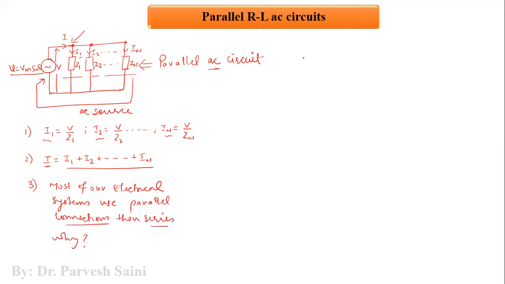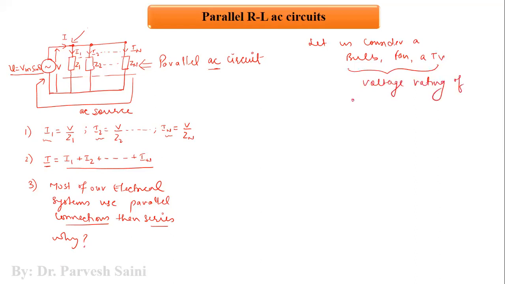Because, let us consider a bulb, a fan, and a TV. The voltage rating of all these is the same, that is 220 volt to 240 volt AC.